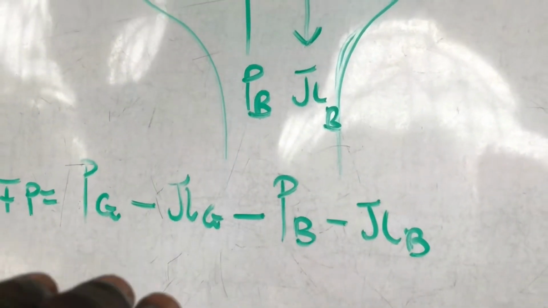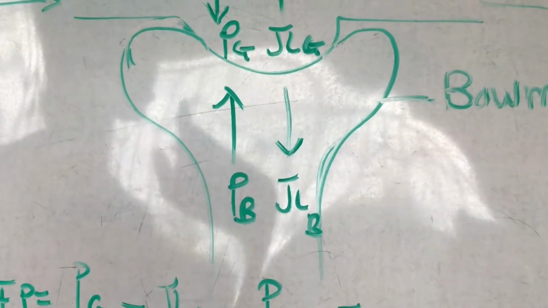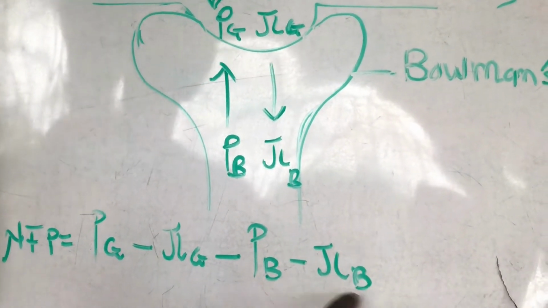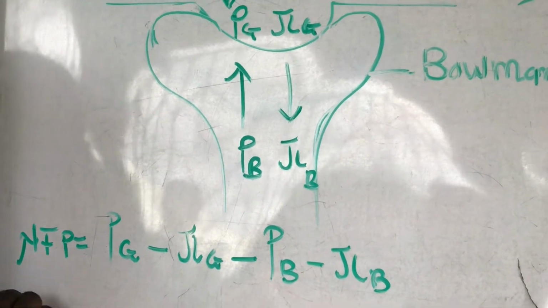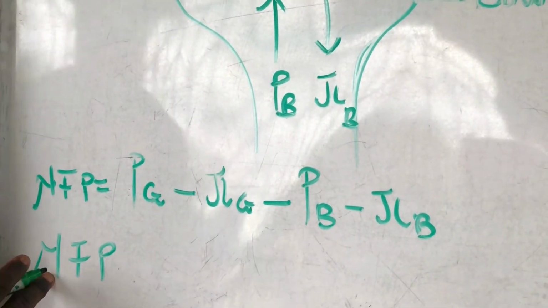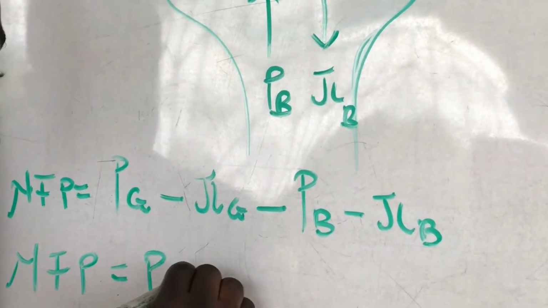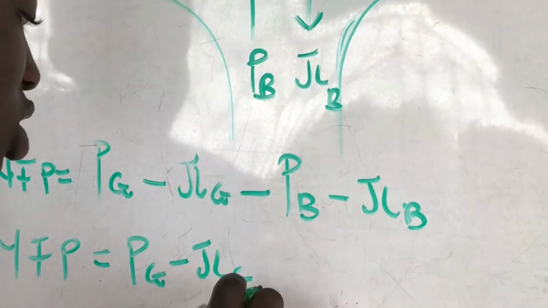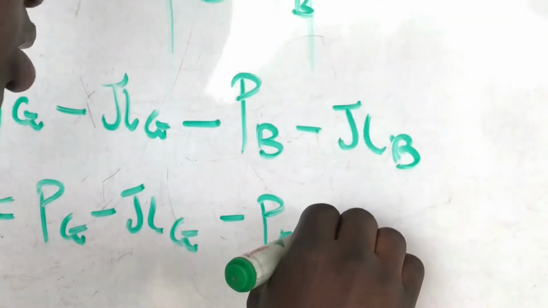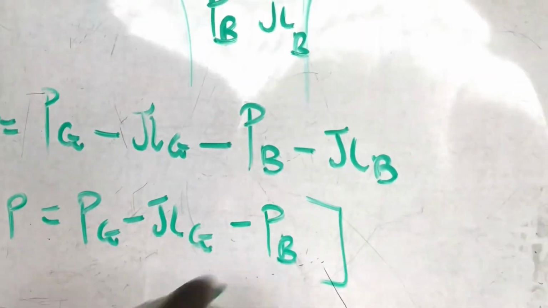But in the Bowman's capsules there is low protein, making the oncotic pressure in the Bowman's capsules 0. So the net filtration pressure will be Pg minus the glomerular oncotic pressure minus the hydrostatic pressure in the Bowman's capsules.